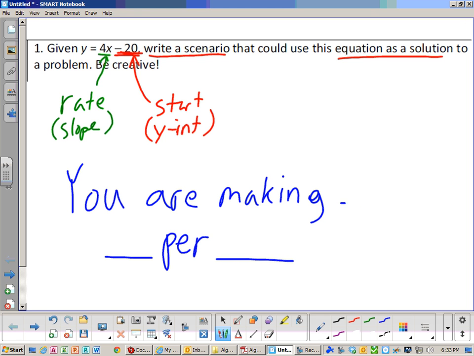Basically, you're making something per something. The reason why we're saying something per something is because you could put whatever you want in these two things. It could be like, I don't know, gummy bears per minute or something. I don't know what you're making or whatever you want, but it's something in here, one per the other one. You are making something per something, right?